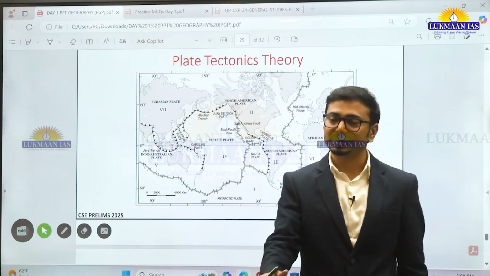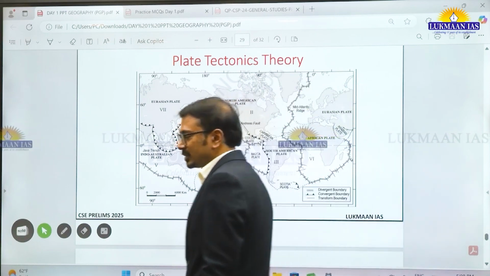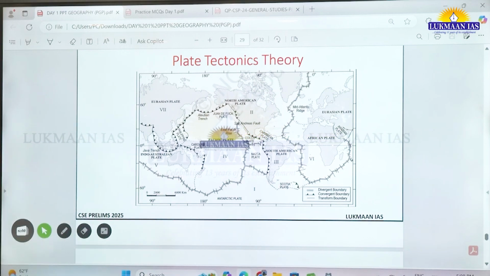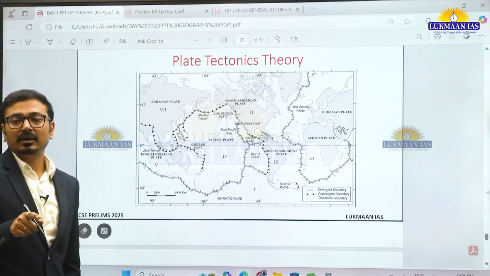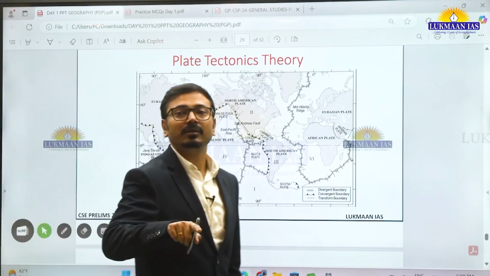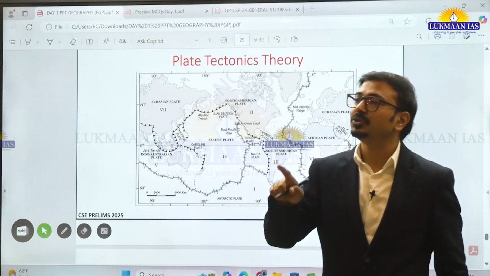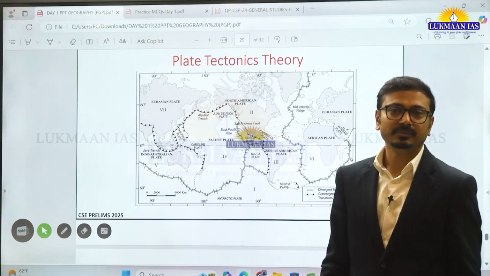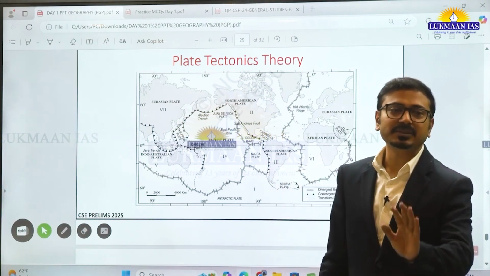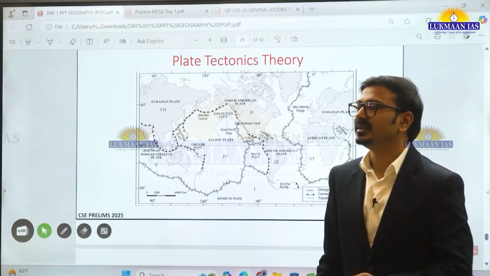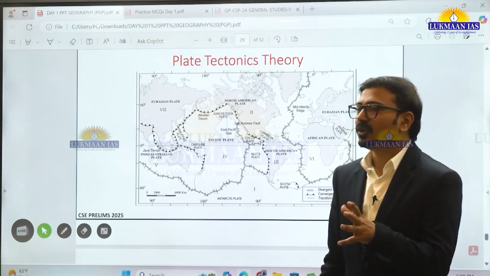But the force which is responsible has now been accepted as the convection current theory, or convection currents of magma. Now according to plate tectonic theory, it is not the continents which are floating on the asthenosphere, rather it is the lithospheric plates. ठीक है, इससे पहले ये चीज किसी ने नहीं बोली है. इससे पहले जैसे कि वेजनर क्या बोलता है, Wegener says that Sial floats over Sima.